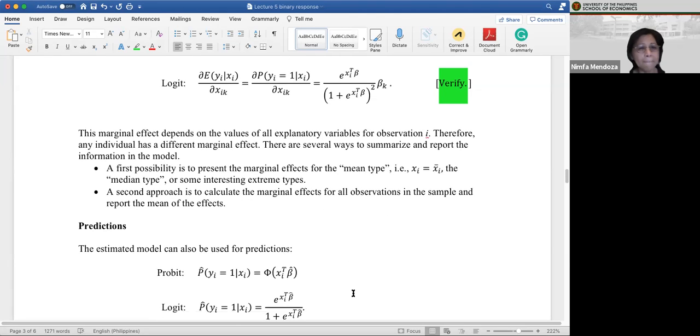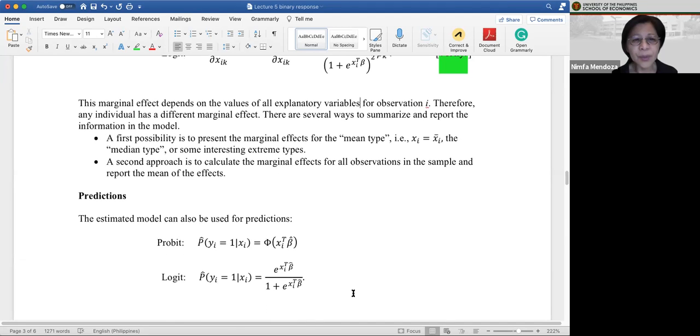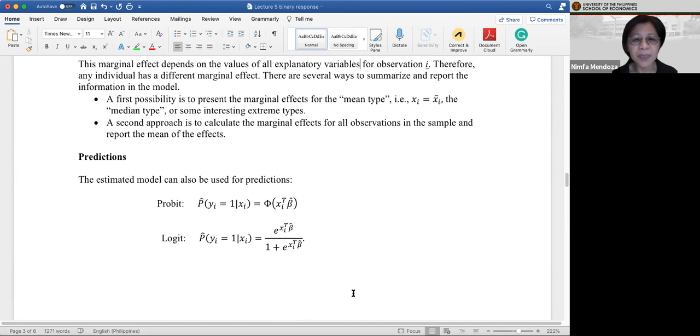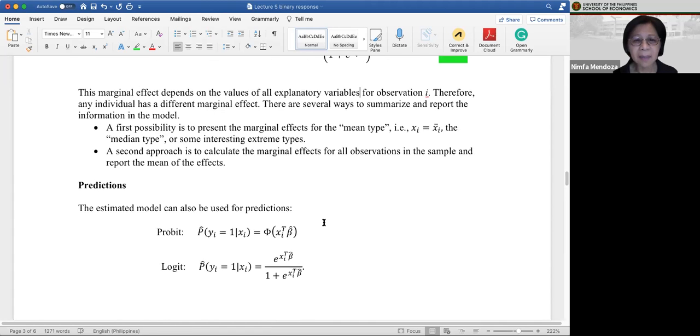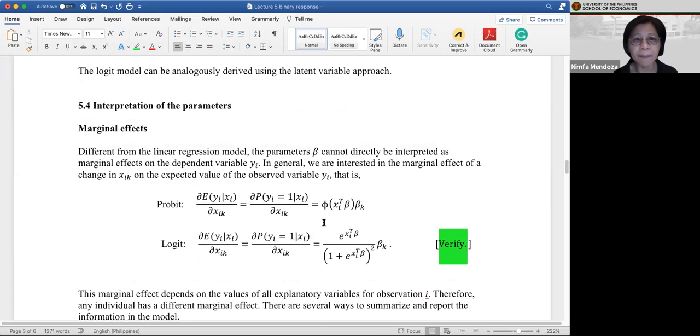Another use of the estimated model is in predictions. So what would be the estimated probability that y is equal to 1 given x sub i? This is the response probability. Then it's the same as what we had earlier.